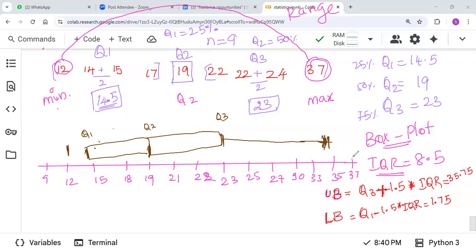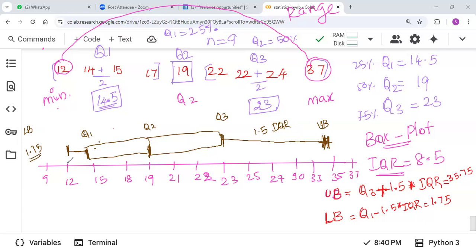So those values which are beyond the whiskers: the whiskers represent the range of values, only 1.5 times the IQR it can display. Here it is acceptable to go down to the lower bound of 1.75, and the whisker can grow, but the whisker cannot grow beyond 35, because this is the upper bound you set.